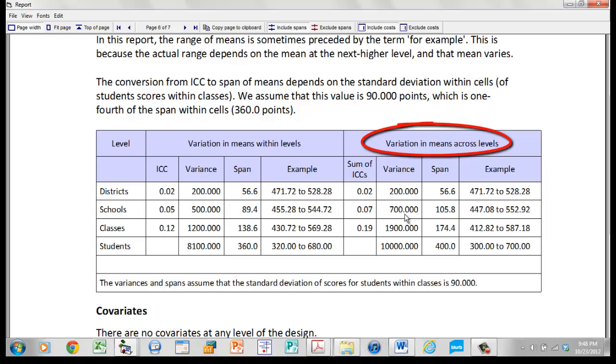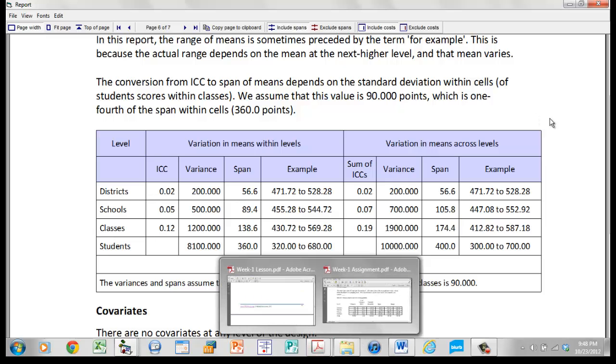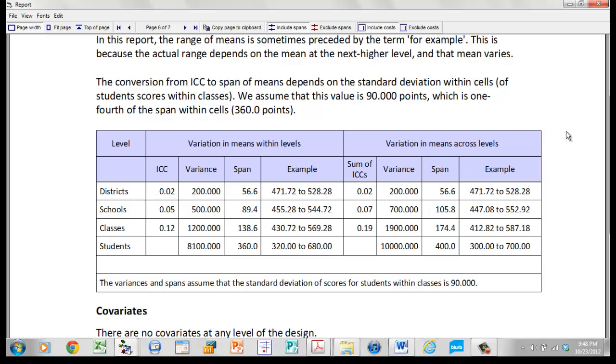And obviously, I made the point a minute ago that if we're saying that the schools are going to span 89 points within a single district, where that district happens to have a mean of 500, obviously schools are going to span a wider range if we're looking at schools across districts. Because if we happen to pick a district that has a mean of 500, we know that the school means are going to range from 455 to 544.